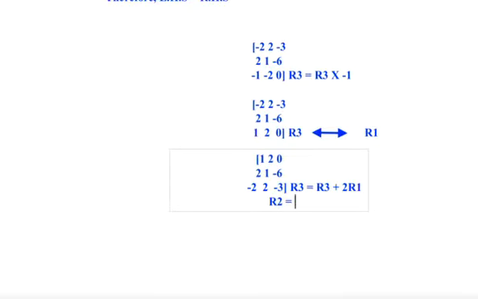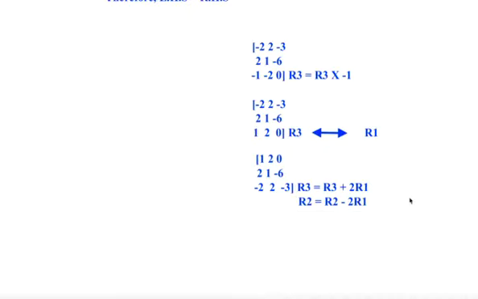What is that operation? R2 equal to R2 minus 2R1, because R2 has a positive element there, that is the reason. Fair enough.